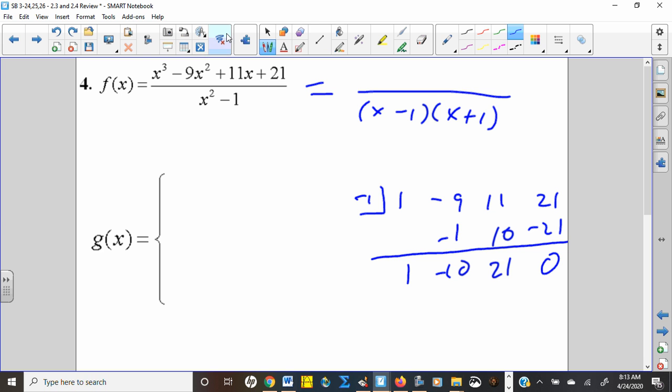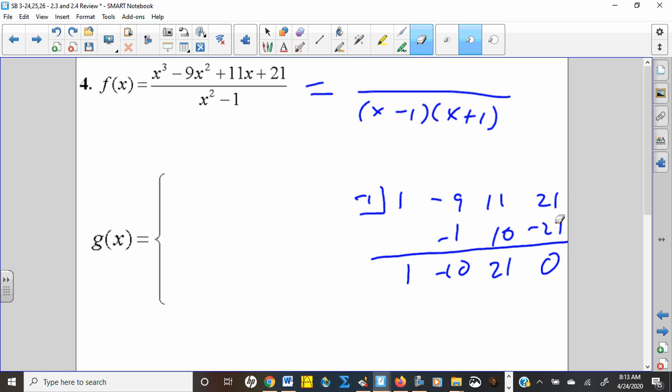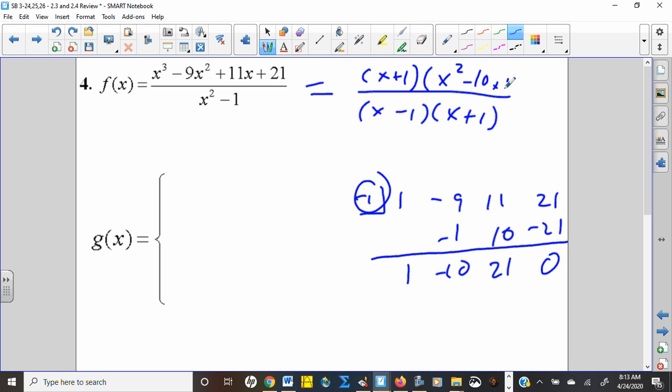So let's go ahead and get rid of the synthetic division, although I guess I shouldn't have done that because I need my factors first. So let's do that. We now know that the factor is x plus 1 for the -1 root, and what's left over is what I needed: x squared minus 10x plus 21.